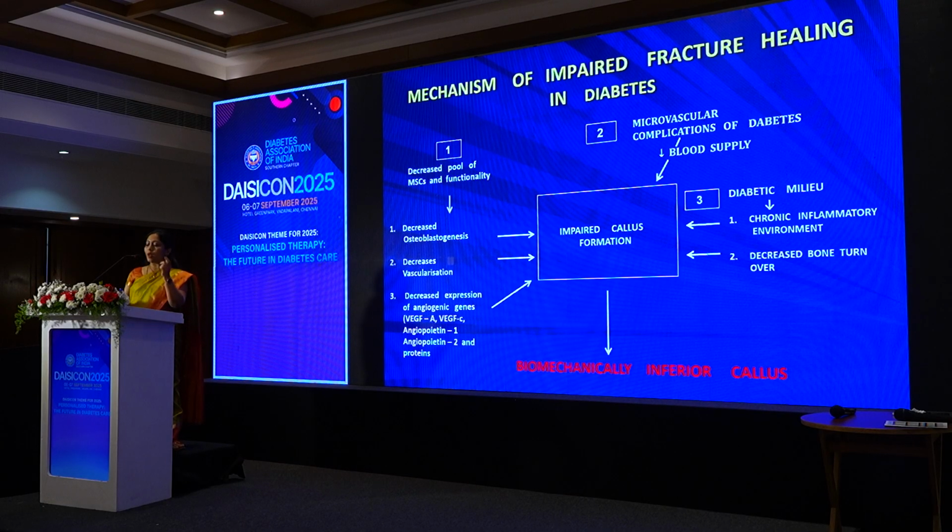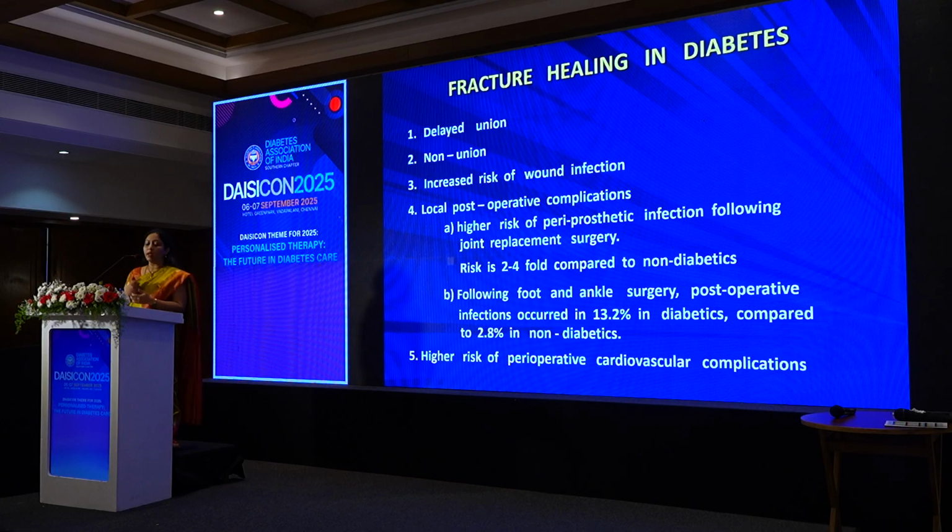Over and above that, you have to keep in mind that the MSC pool and the availability of osteoblasts is bad. Microvascular complications are there, and you have issues with blood supply. All this gives what is called an inferior callus when it comes to bone healing in a person with type 2 diabetes. So the problem does not stop with the fracture, it also continues with respect to how the fracture can heal.